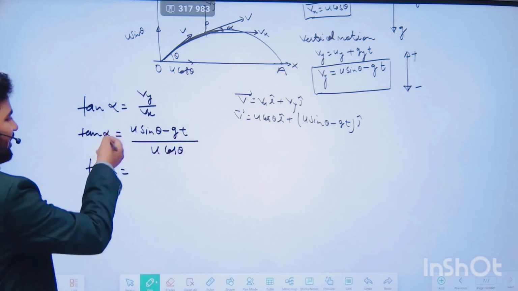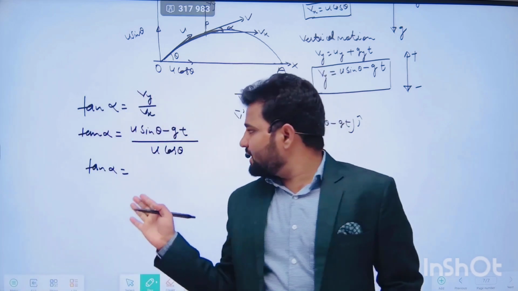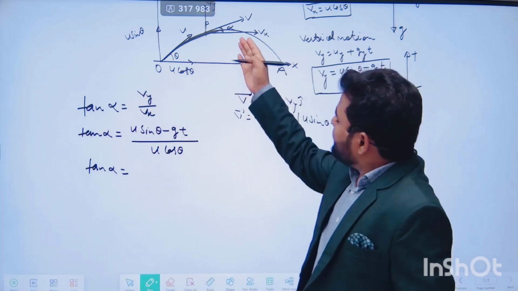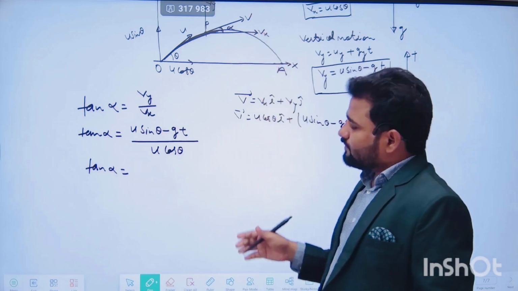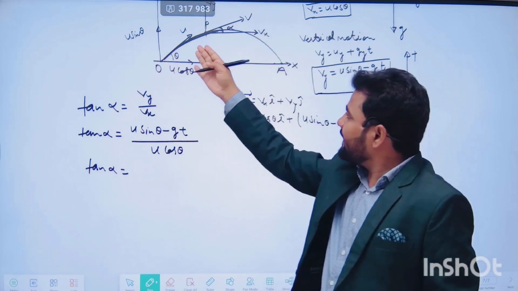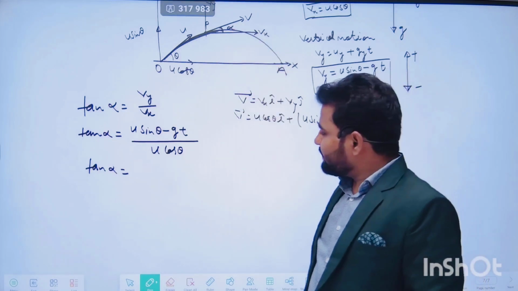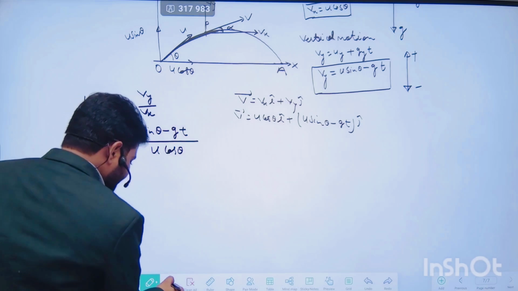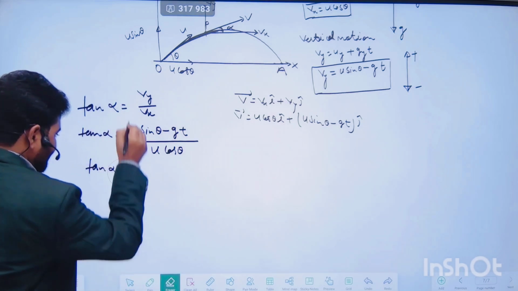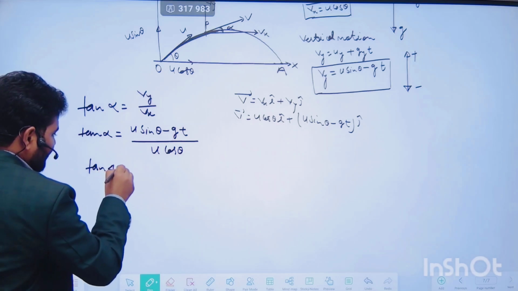If we are going to take a question here: after what time from the point of projection will the projectile make an angle of 45 degrees? So for this we'll have to put 45 degrees here.